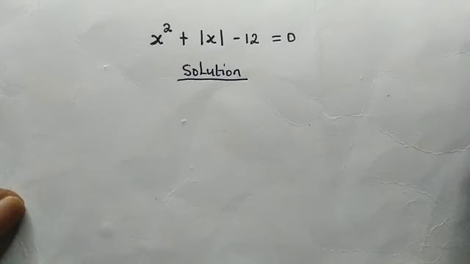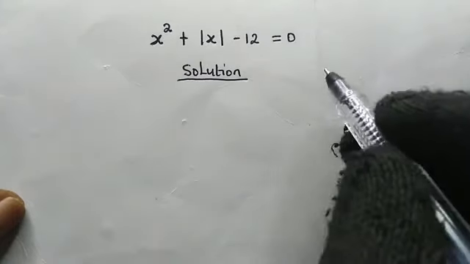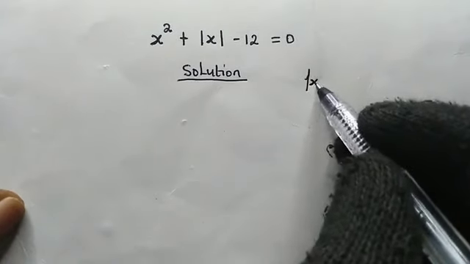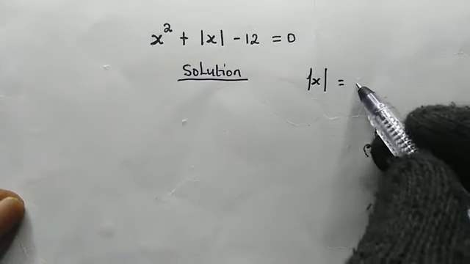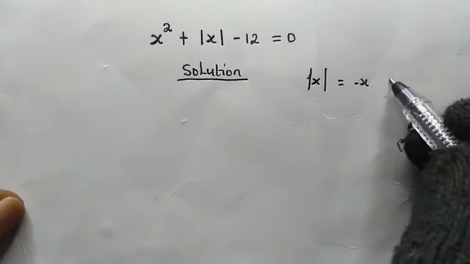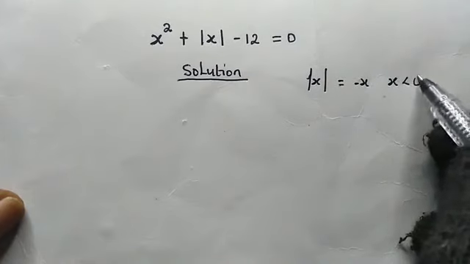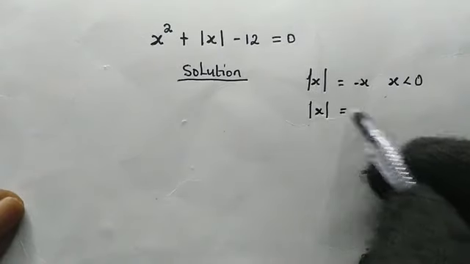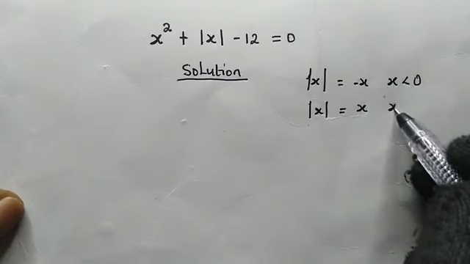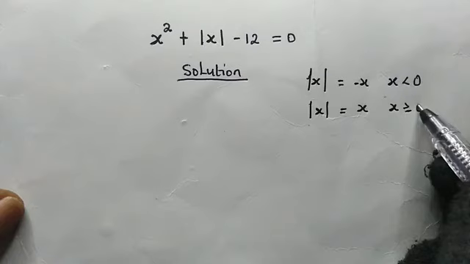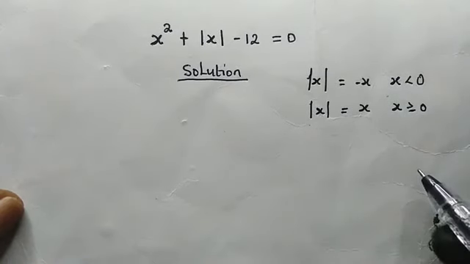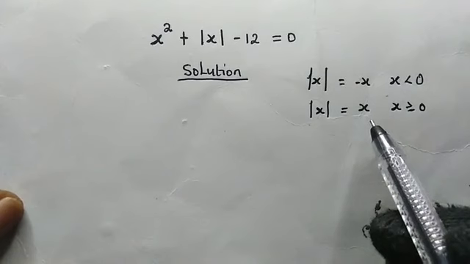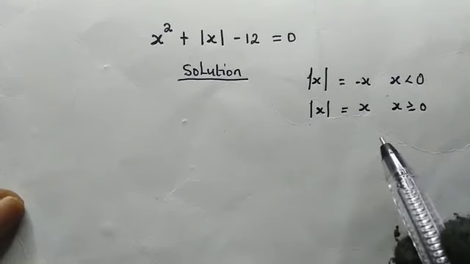We have to consider the following properties: the absolute value of x is equal to negative x if x is less than 0, and the absolute value of x is equal to positive x if and only if x is greater than or equal to 0.